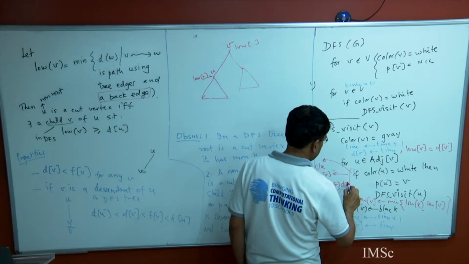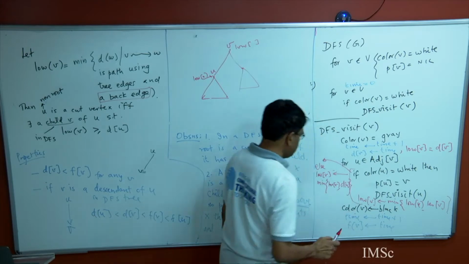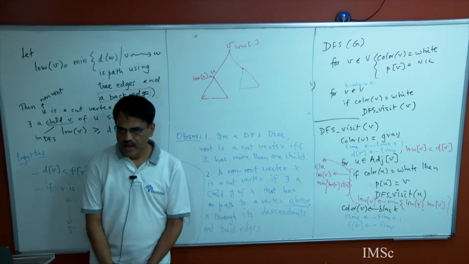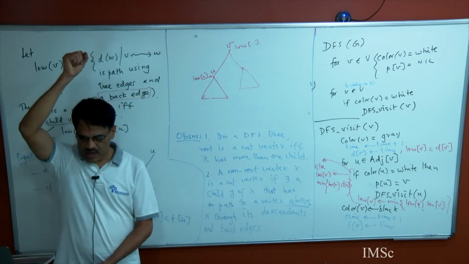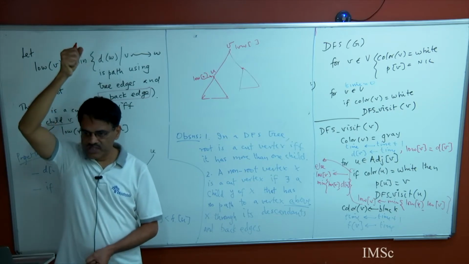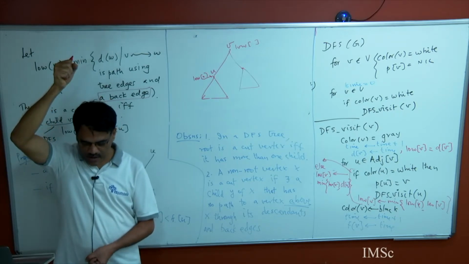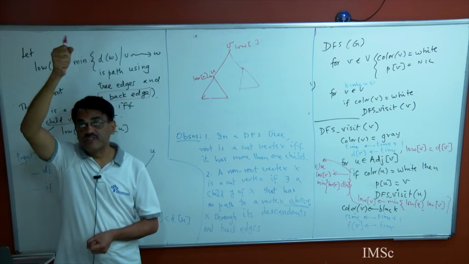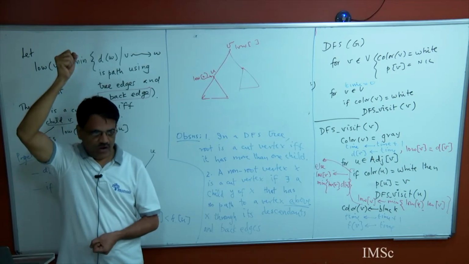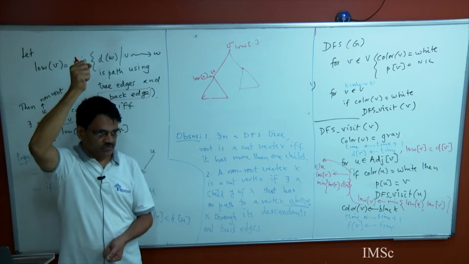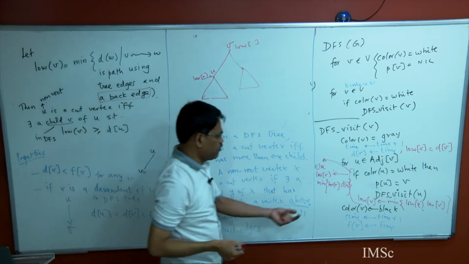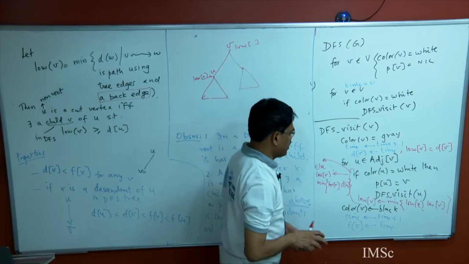So if I encounter a back edge, how do I know that? Because U is gray. Then my low value is updated: if the D value of this is smaller, change it. So minimum of my current low and the D value of U.